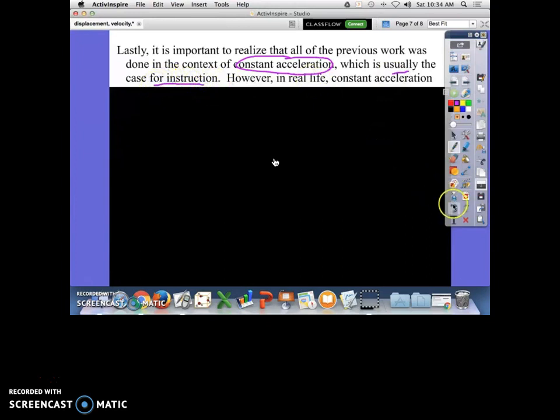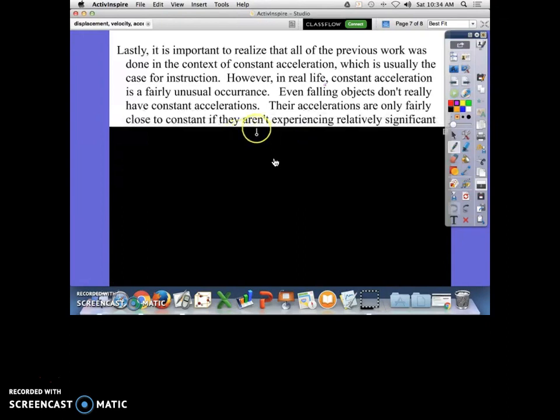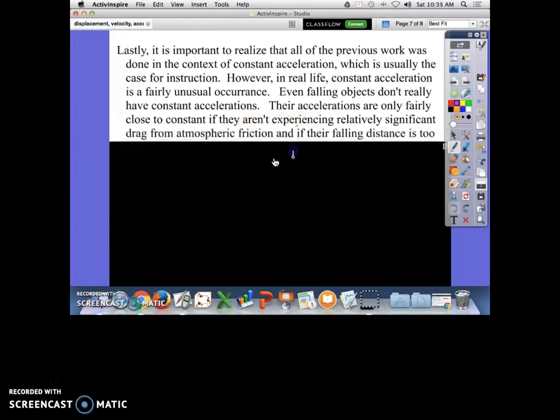But this is very deceptive, because in real life, constant acceleration is a fairly unusual occurrence. Even falling objects, if you do a lab where you drop something or throw something, they don't have constant accelerations, although sometimes they're close in lab. The accelerations are only fairly close to constant if the objects aren't receiving significant drag from the atmospheric friction.